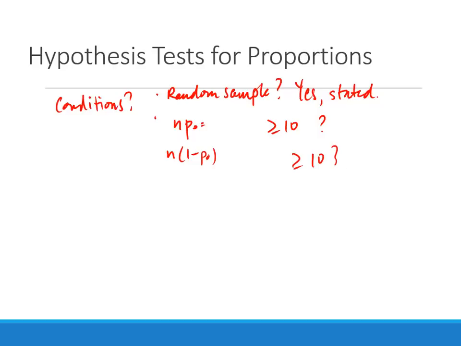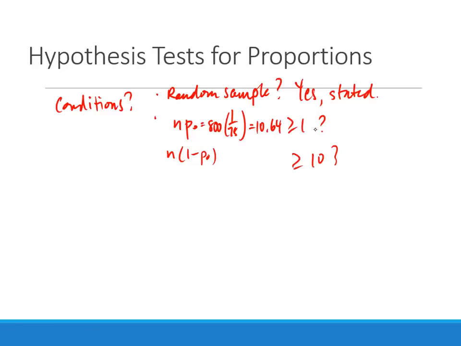So what's my sample size? n is 800. And p0 again is 1 over 75, so n times p0 is 10.64.